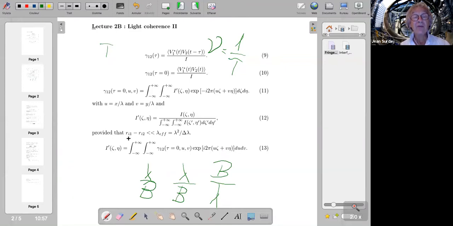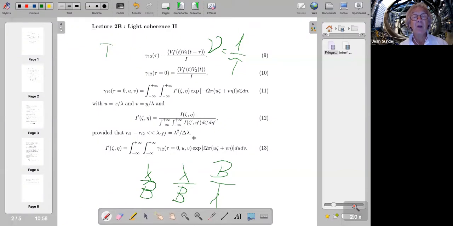And I remind you that all of this is true as long as the length difference between two beams coming from one source element to the two apertures of your interferometer is less than the coherence length.